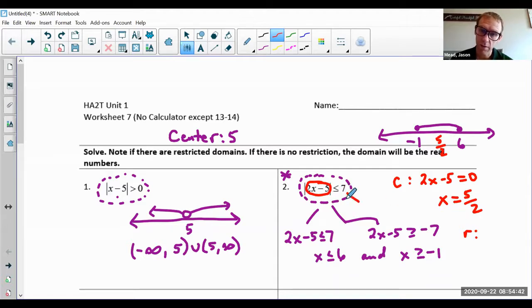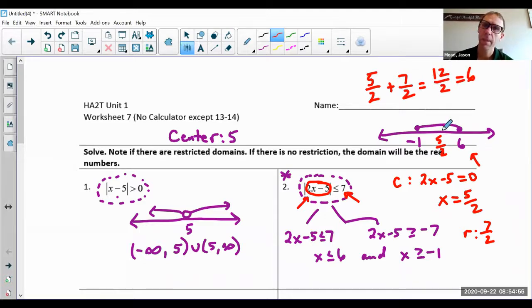That's 7 divided by 2. So in order to find 6 and negative 1, I also could have taken 5 halves plus 7 halves, which gives me 12 halves, which is 6. And then I could have done 5 halves minus 7 halves, which gives me negative 2 halves, which gives me negative 1. And that is right there.